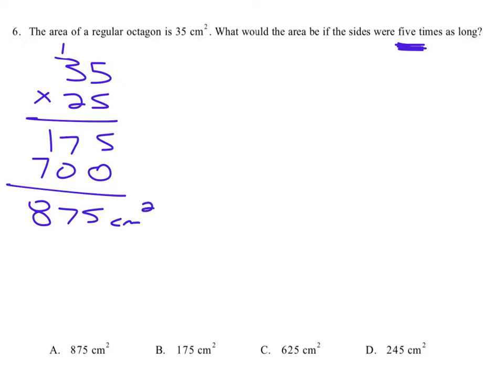And the units were centimeters squared, so you still have centimeters squared. Because you're making each side 5 times as long, you're squaring that number for the area, which will be 25 times as large. And if the area already was 35, 25 times 35 is 875, as we just calculated.